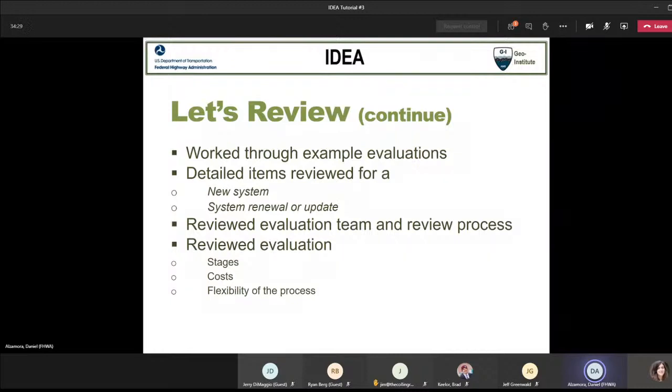Also, who is on the review teams and what the review processes are for these evaluations.